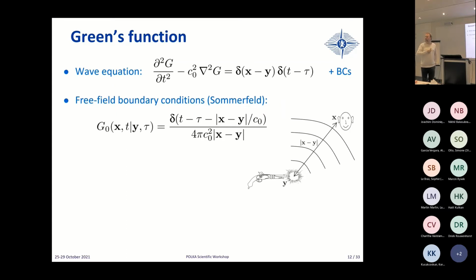So what is the definition of the Dirac function?